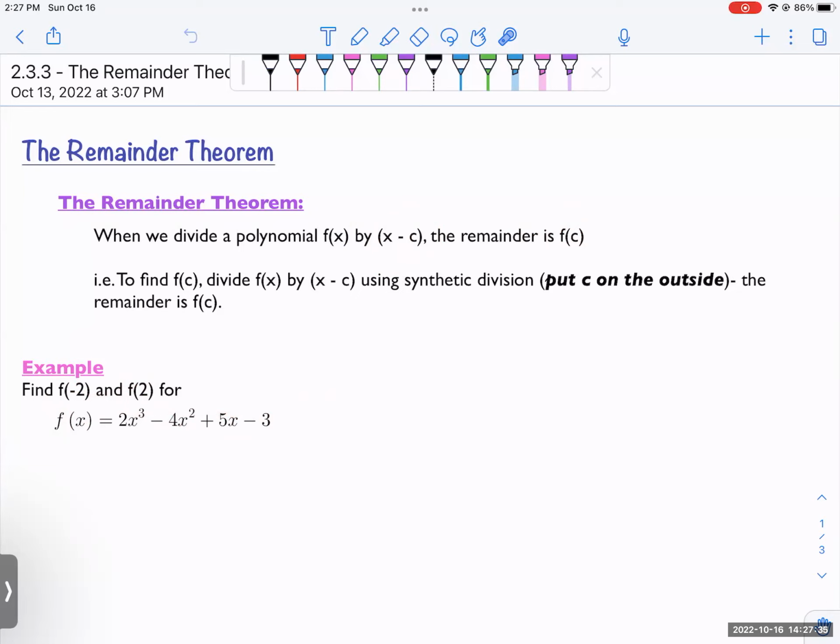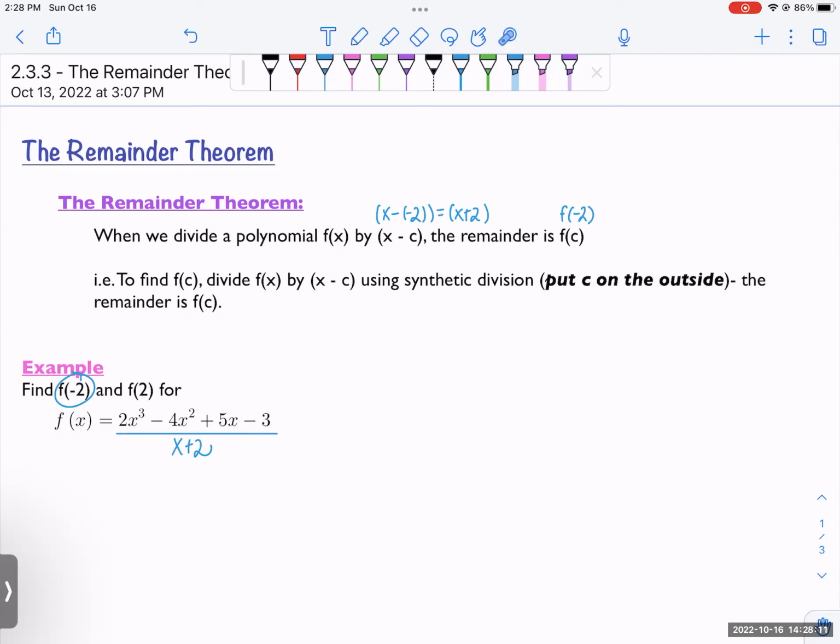It says, hey, if you want to find f of -2 or f of 2, then if we're trying to find, let's say, f of -2, you would need x minus -2. You would need to divide the polynomial f of x by x plus 2 to find f of -2, and the remainder is f of -2.